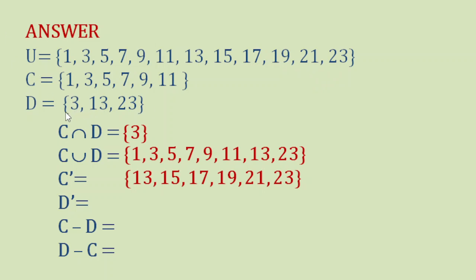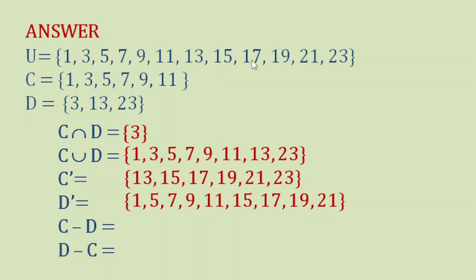Then D prime. These are the elements of D: 3, 13, and 23. Remove them from U. So our D prime elements are 1, 5, 7, 9, 11, 15, 17, 19, 21. Now, C minus D. The common element between C and D is just 3.